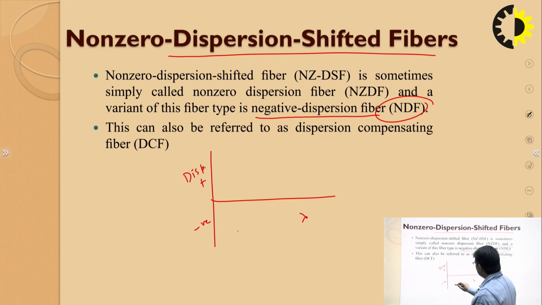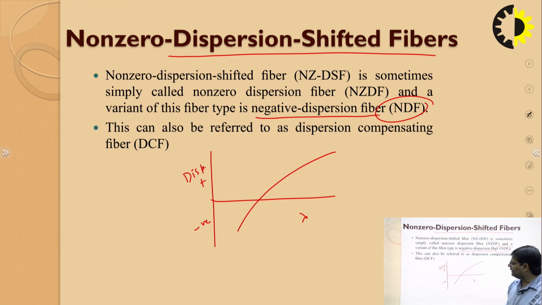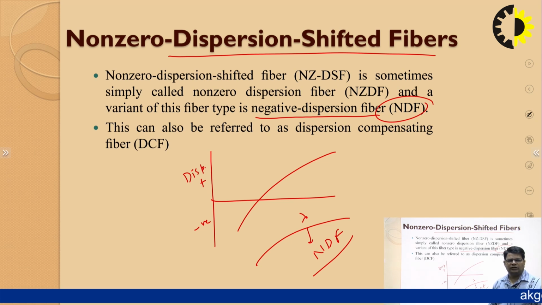This is the standard response. Now for the negative dispersion fiber, this characteristic is shifted below the zero point. So if this type of response is there for the standard single mode fiber, then this will be known as the negative dispersion fiber.